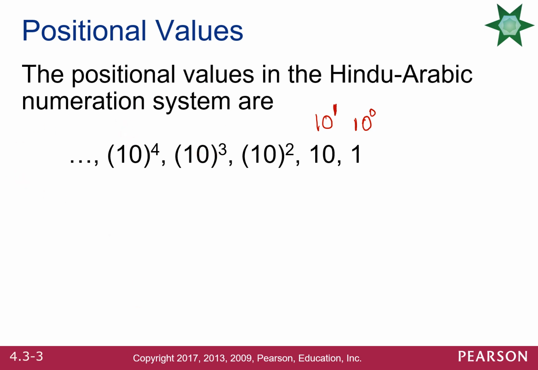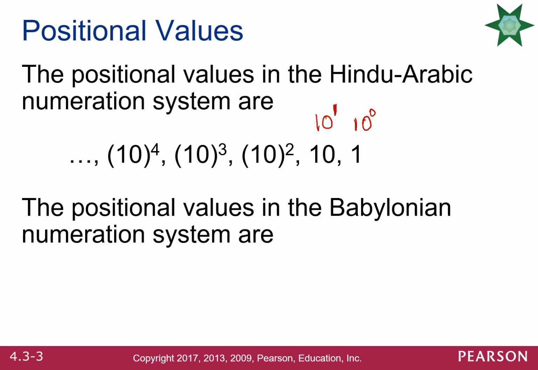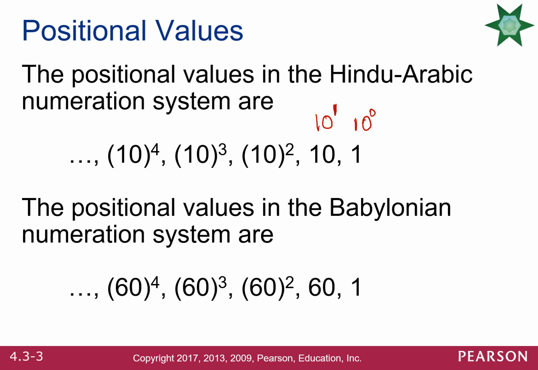Then we also learned about the Babylonian system, which had base 60, and it worked the same way. The first position on the extreme right was a 1, and that is the equivalent of 60 raised to the power 0. Then we had 60 to the power 1, 60 squared, 60 cubed, and 60 to the fourth. Now the same concept is going to be extended to other bases as well.